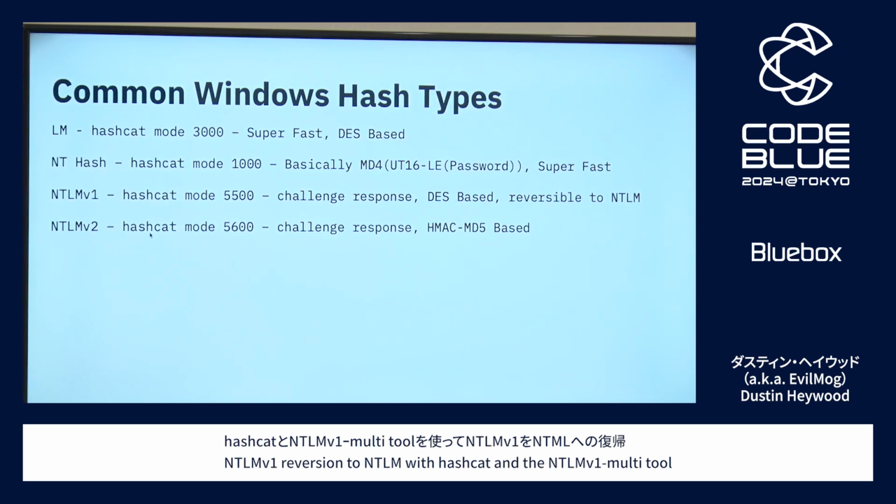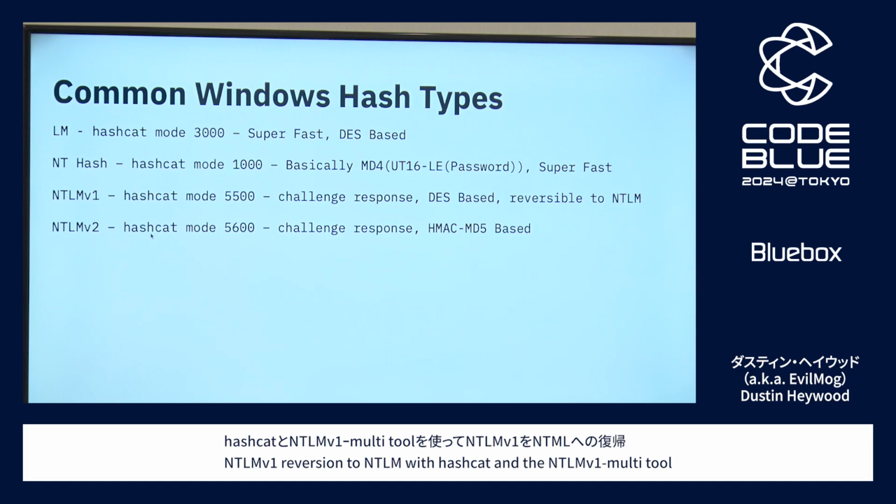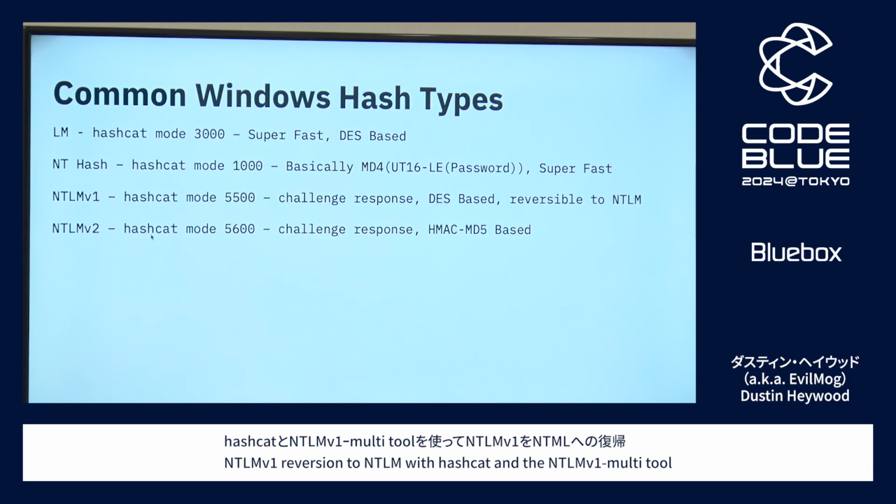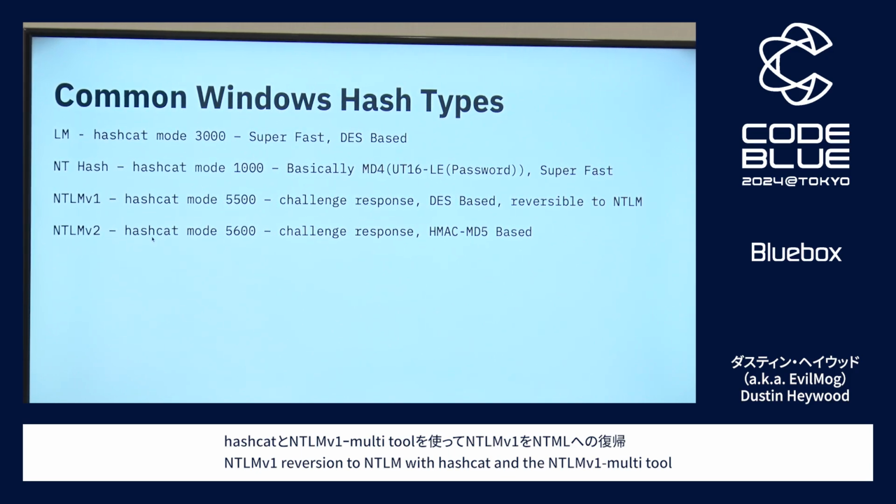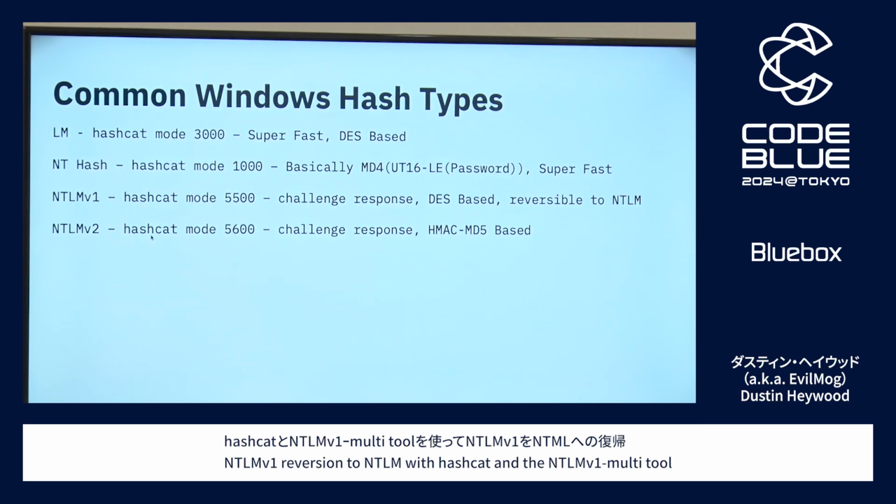We're here to talk today about NTLM version 1, which is hashcat mode 5500, or now alternately mode 14000, and it's also DES-based, and it's reversible to NTLM. And then you have the new, far more secure version, NTLM version 2, mode 5600. I mean, far more secure, just immune to this bug, but that's a whole different story, and it's HMAC-MD5 based.